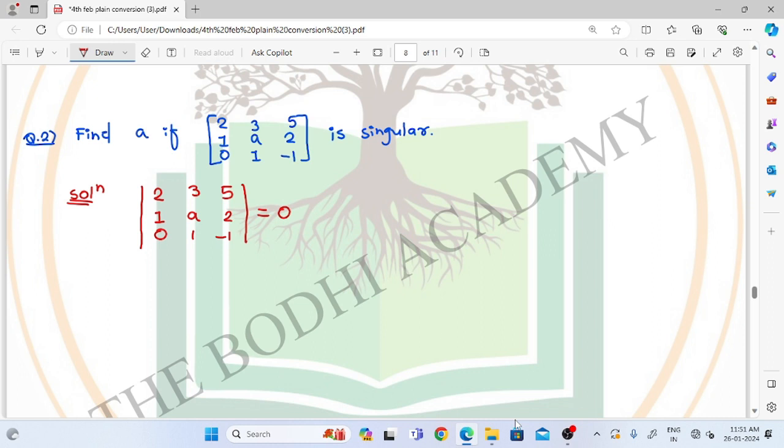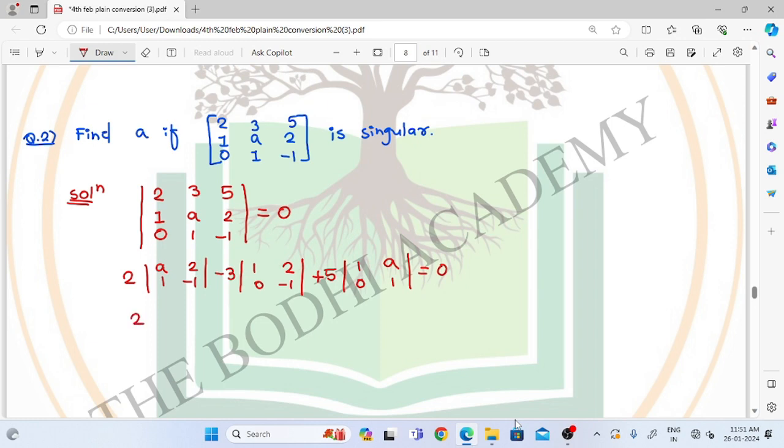Okay, so we'll solve the determinant. How to solve the determinant? 2 times (a, 2; 1, minus 1), minus 3 times (1, 2; 0, minus 1), plus 5 times (1, a; 0, 1), is equal to 0.